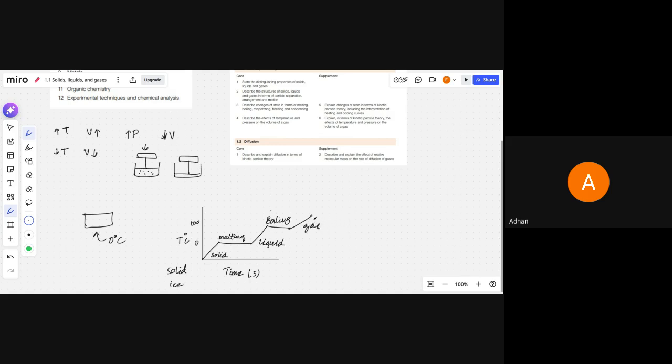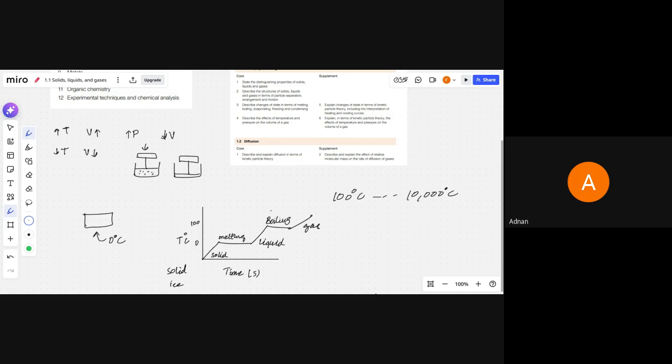And since we don't have any state after gas, steam can have a temperature anywhere from 100 degrees Celsius to 10,000 degrees Celsius. You can keep on heating the gaseous water, like steam, and there's no limit. So this is basically how we draw or represent the heating and cooling curves, right?